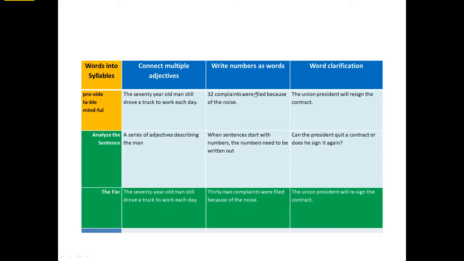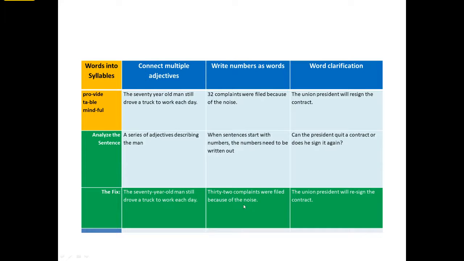When you have numbers that start a sentence, those numbers need to be written out. So the example is, 32 complaints were filed because of the noise. And the fix, write out the number 32 into words. Thirty hyphen two complaints were filed because of the noise.